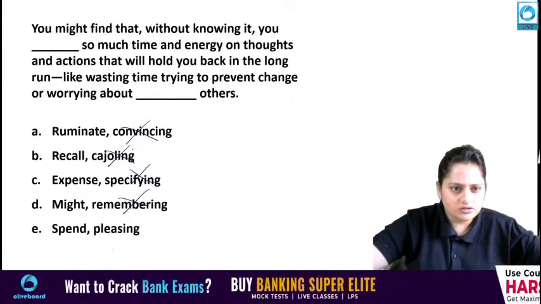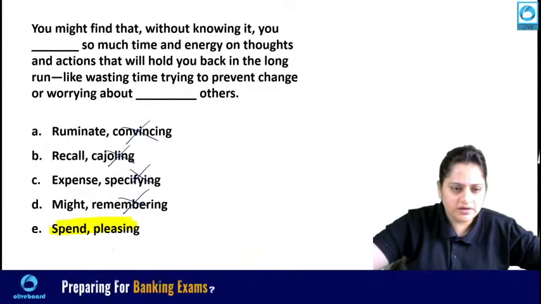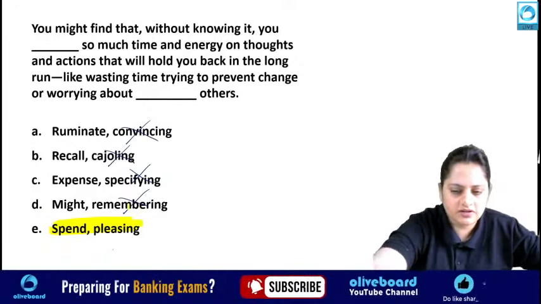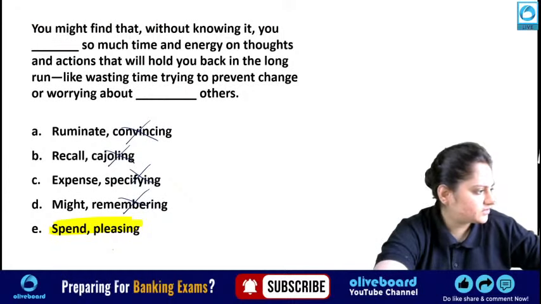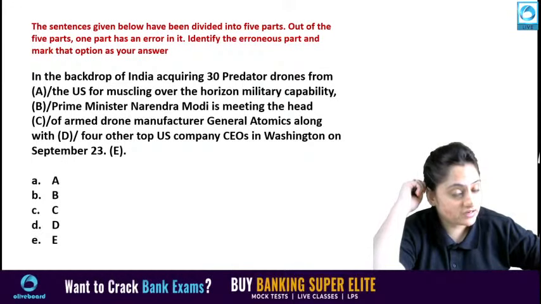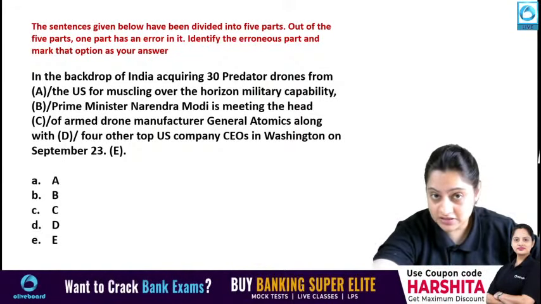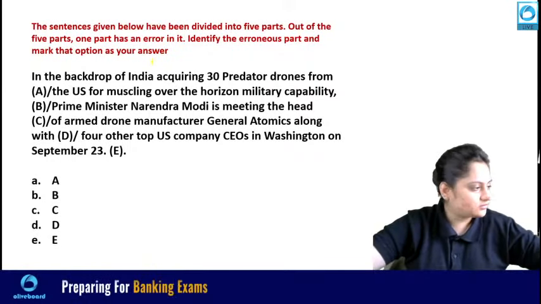You might find that without knowing it, you spend too much time. What will you spend? Time and energy. So E, very basic one, very doable. Now coming to one of the very important sets, which is grammar-related error spotting. Chalo, batao, first question.